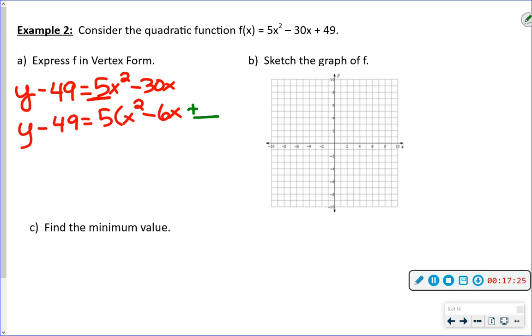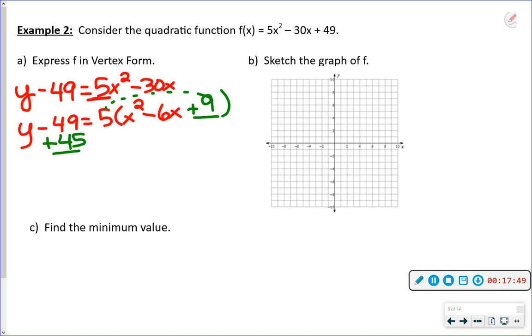So half of 6 is 3, squared is 9. Now I can't just put a +9 on one side, I have to balance and do the other. But I'm going to be careful. I'm not just going to slap a +9 on the left, because I really put what number over there? 45, yeah. So don't forget about your distributor in the front of that.